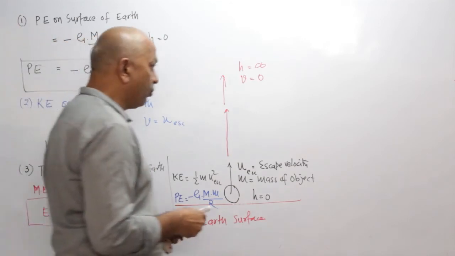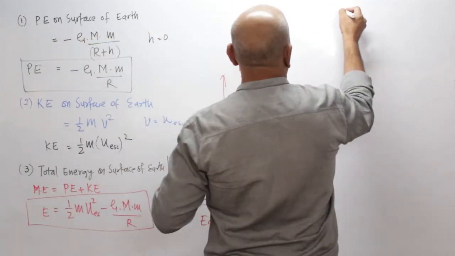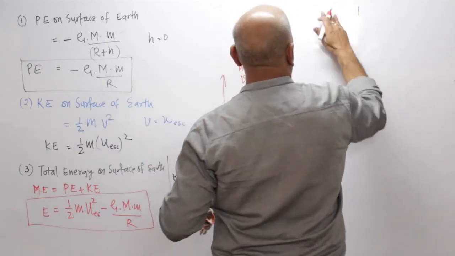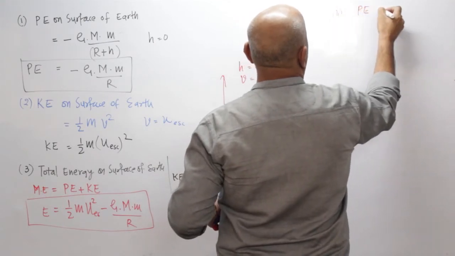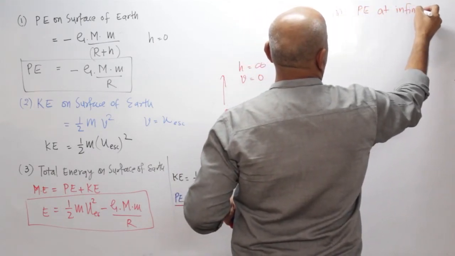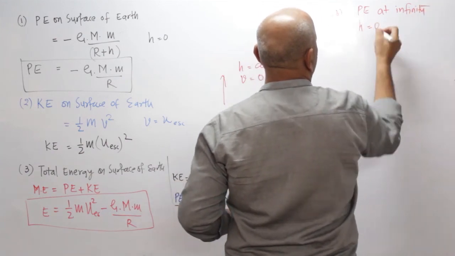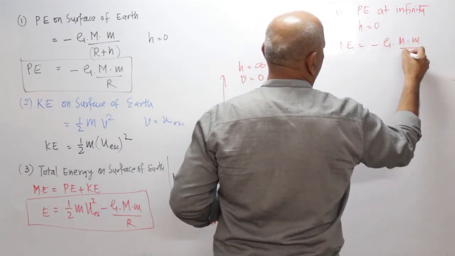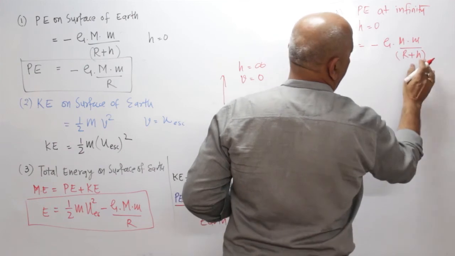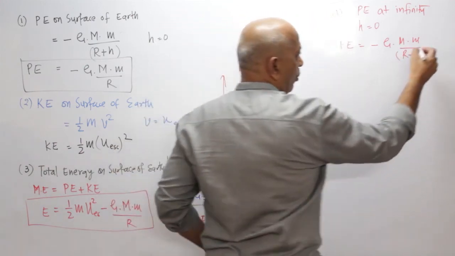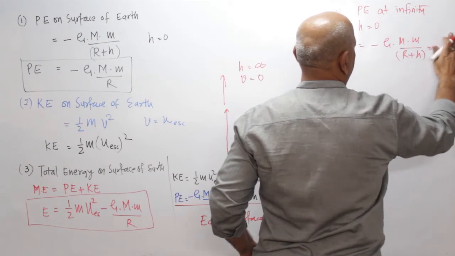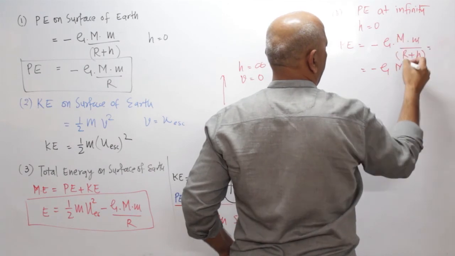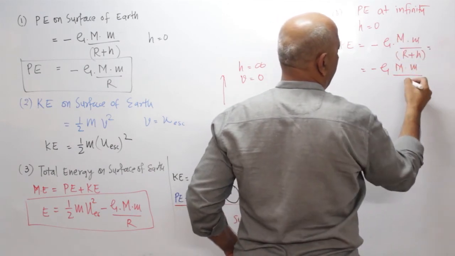So now we can calculate here. Fourth, P at infinity. The formula we know is P equal to minus G M m upon R plus H. Here H is equal to infinity, so this is minus G M m upon R plus infinity.